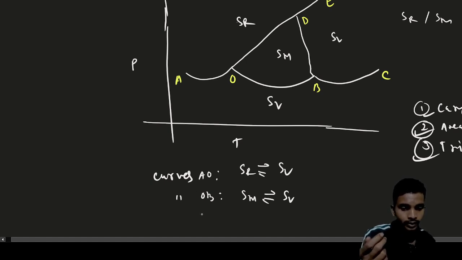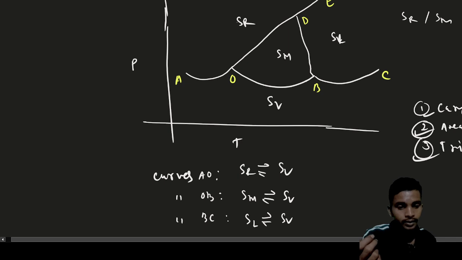Similarly for curve BC, the upper side is liquid and the lower side is vapor, so I write S liquid and S vapor. Okay, similarly I discuss this.